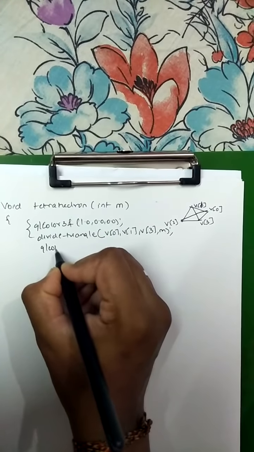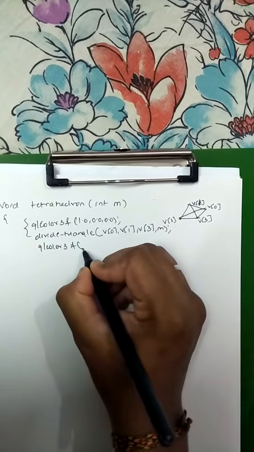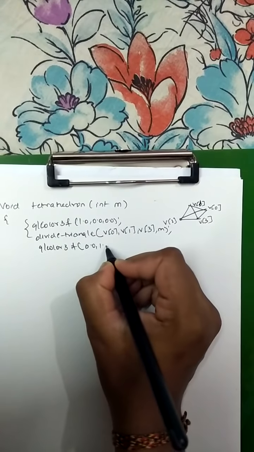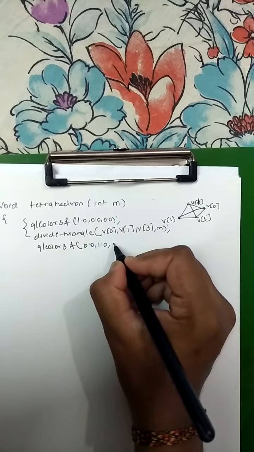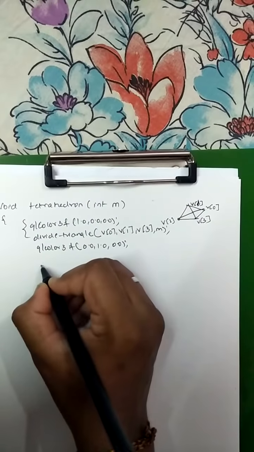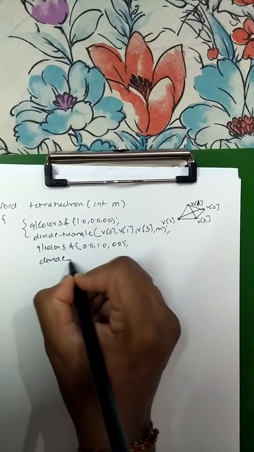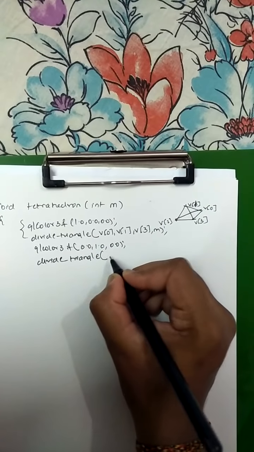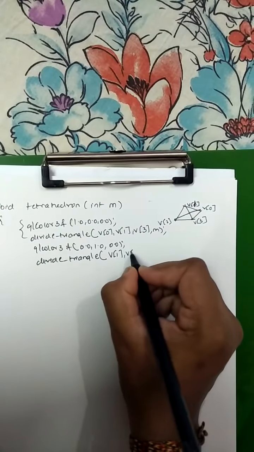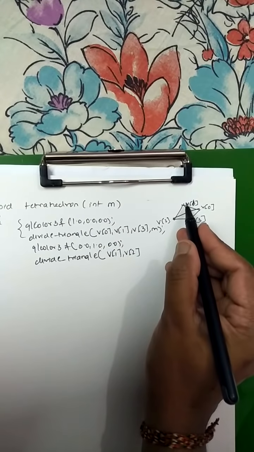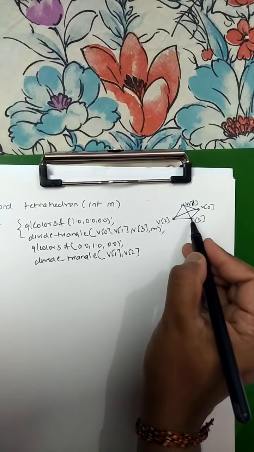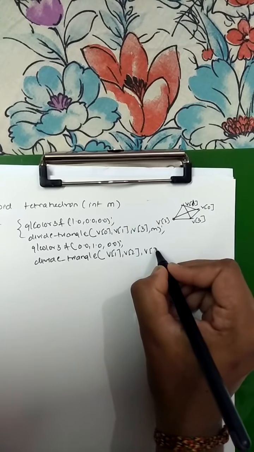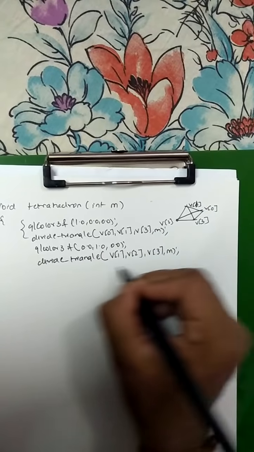Now I have to assign one more color for the other face. I will assign green color and I'll call the function divide triangle, which face I'll take: V of 1, V of 2 and V of 3, and I'll pass M as an input.